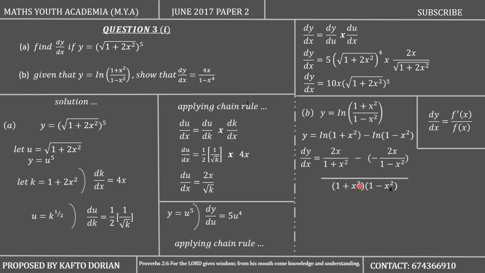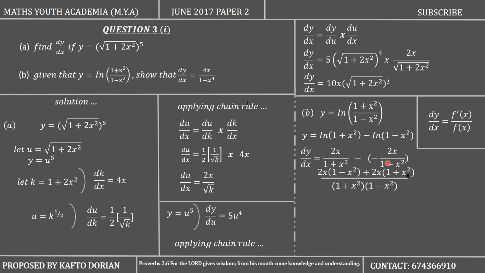1 plus x squared will cancel out with 1 plus x squared. We now remain with 2x times 1 minus x squared plus, since they are both negative, negative times negative will give us positive. Then our 1 minus x squared will simply cancel out with our 1 minus x squared.